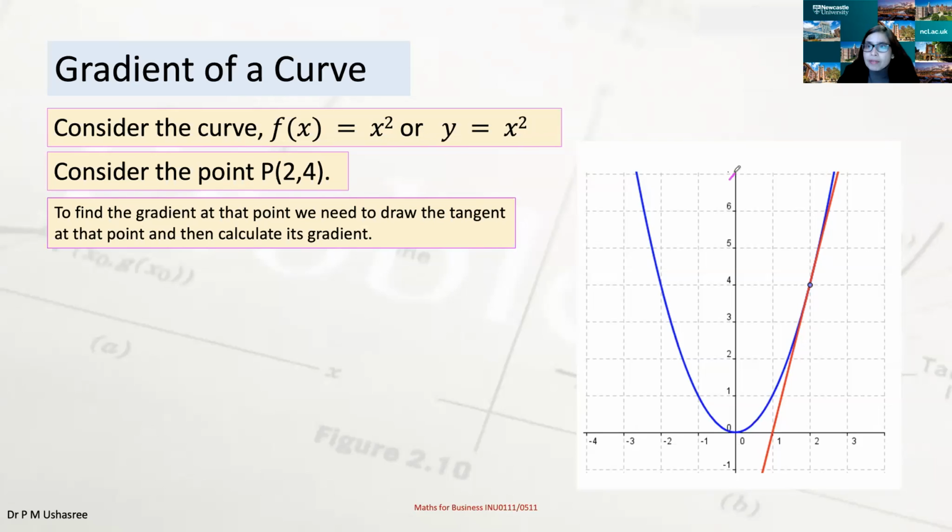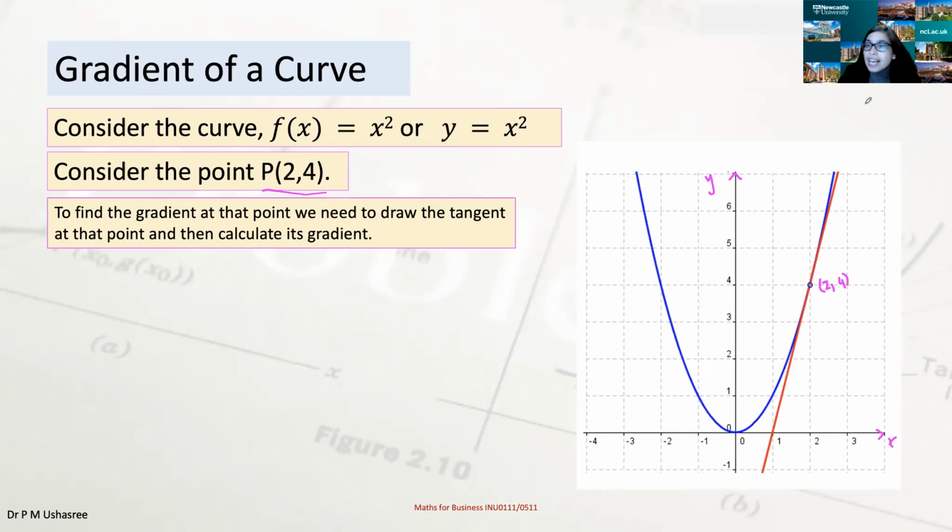So you have your y-axis and your x-axis. The question is to find the gradient at the point (2, 4). So you go along 2 and 4, and that's your point (2, 4). How are you going to find the gradient at this point?